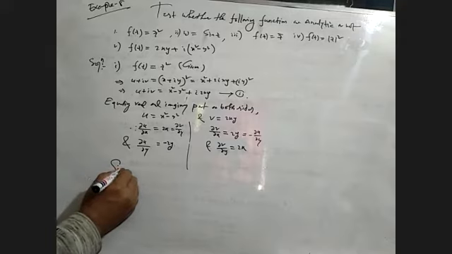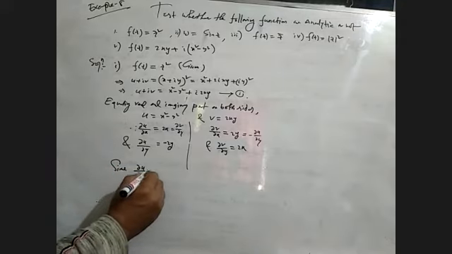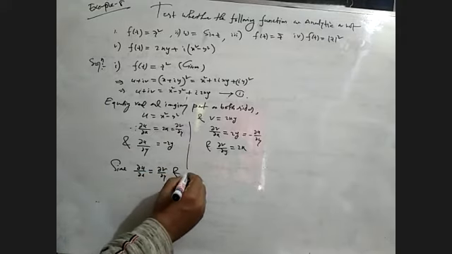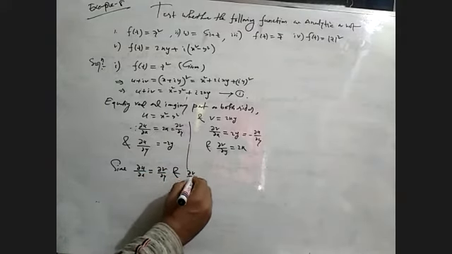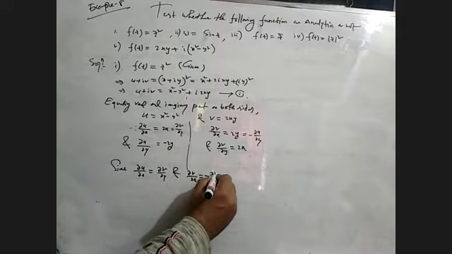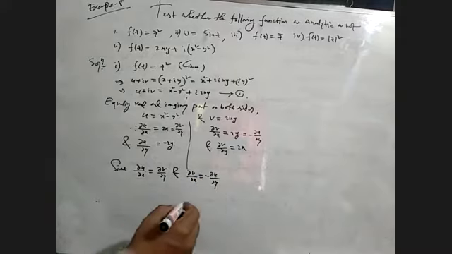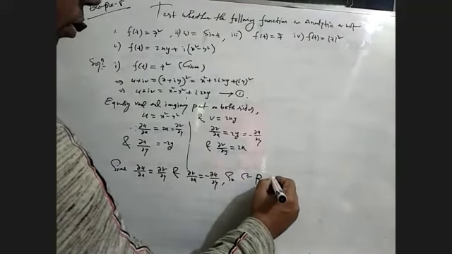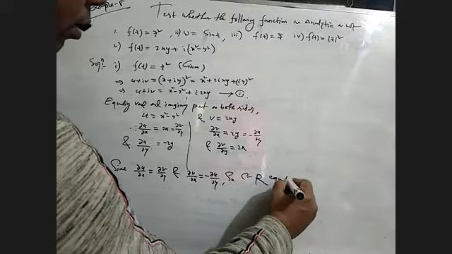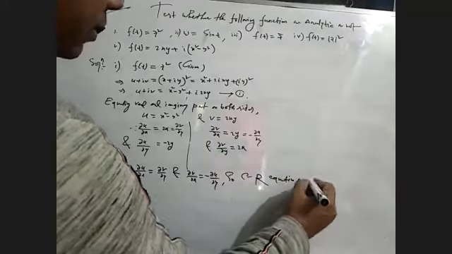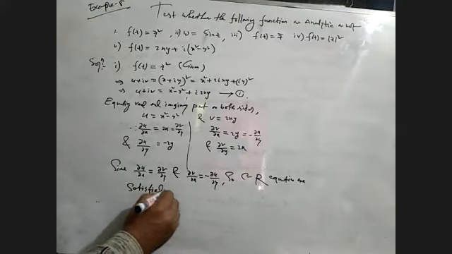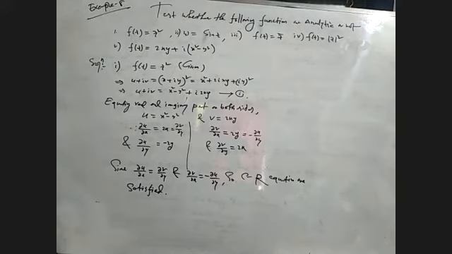Since del u del x equals del v del y, and del v del x equals minus del u del y, the Cauchy-Riemann equations are satisfied.